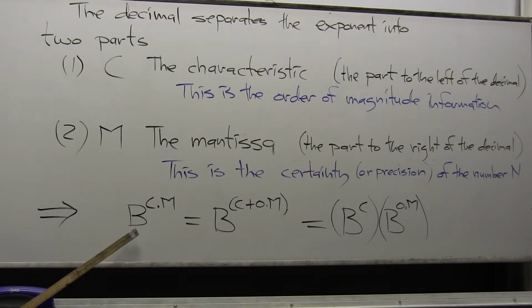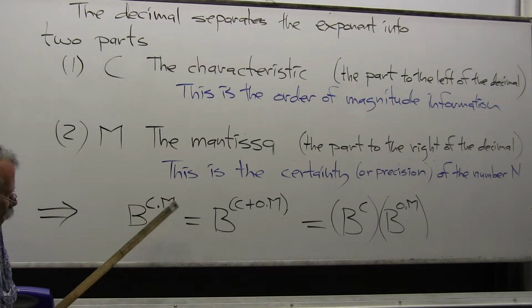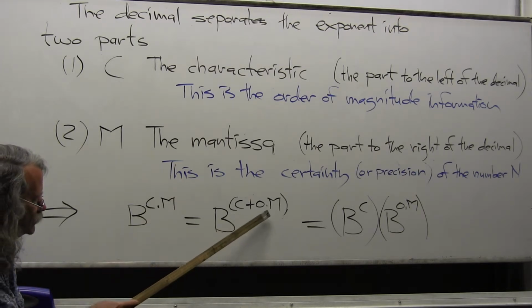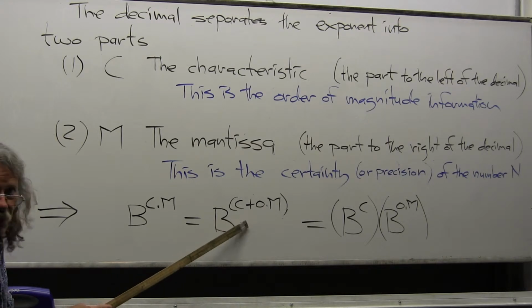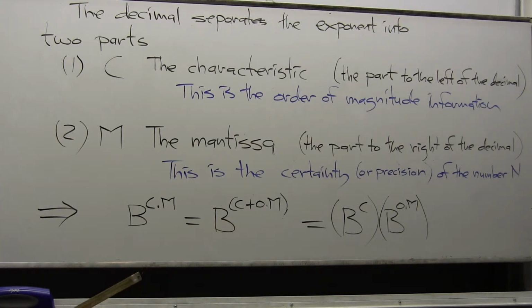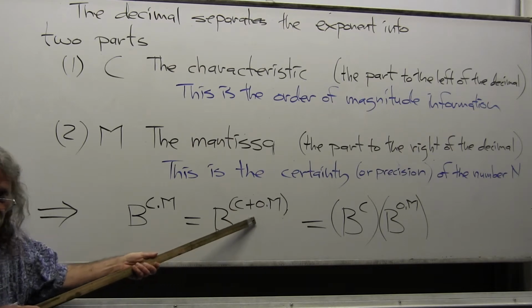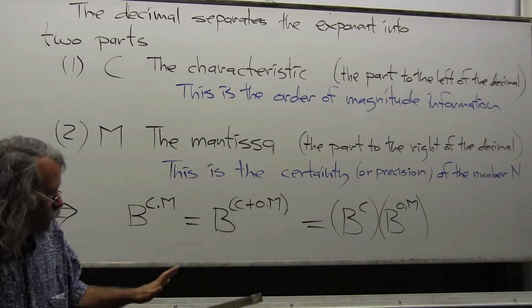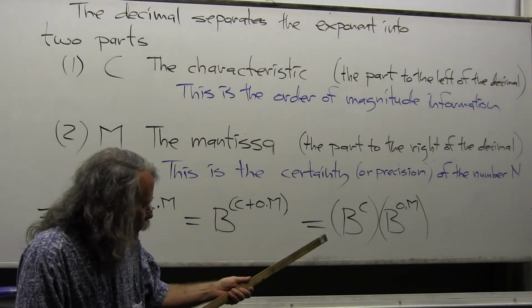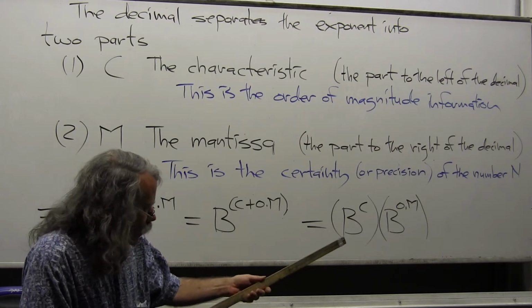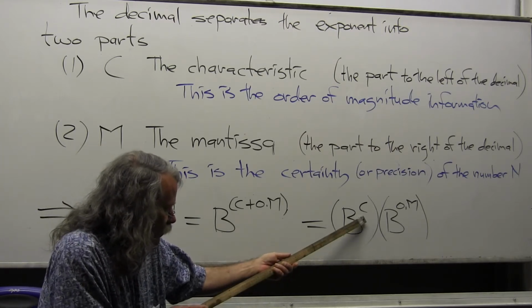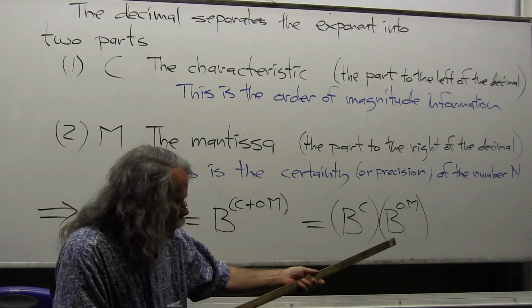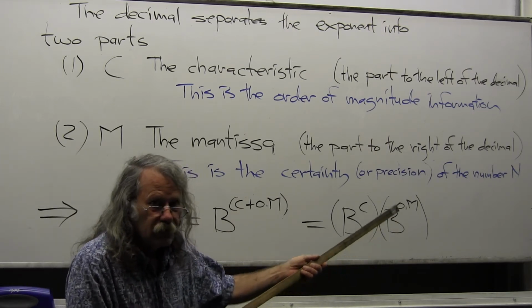When I represent it as some base raised to some exponent in this decimal form, since that decimal form can be represented as a sum of the characteristic term plus the mantissa term, where we are adding together, the rules of exponents reveal that this is equal to the product of the same base raised to the characteristic multiplied times that base raised to the mantissa.